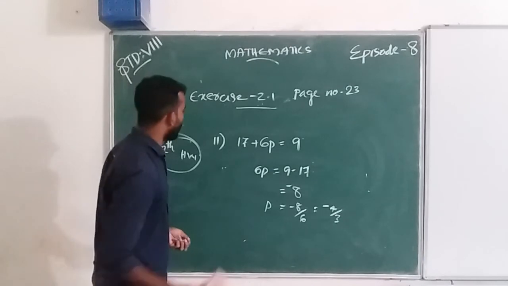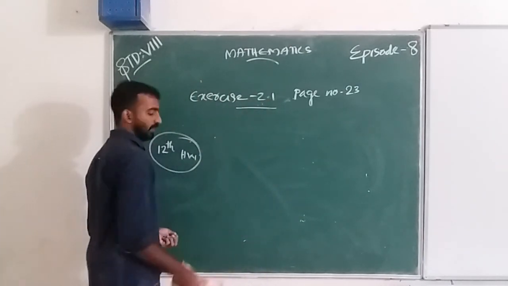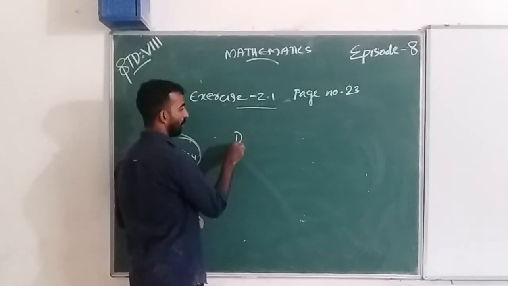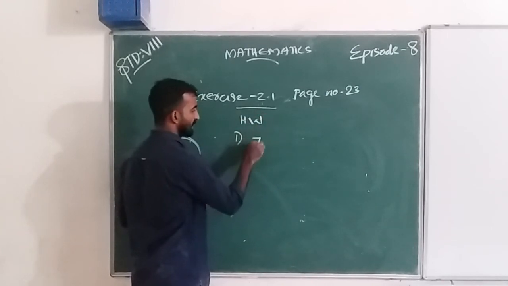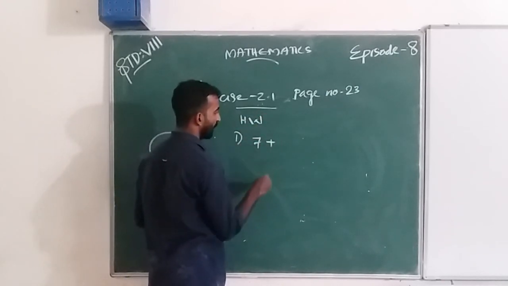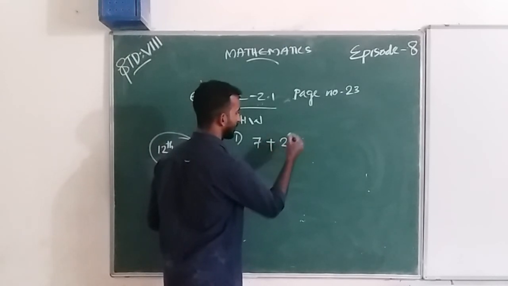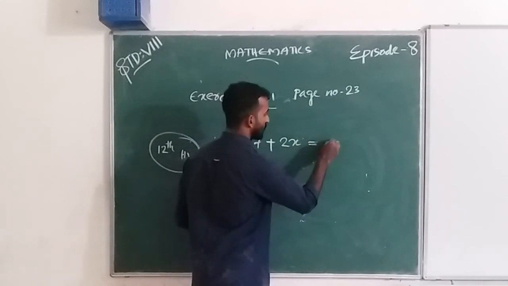And some more homework, that is 7 plus 2x equal to 6.